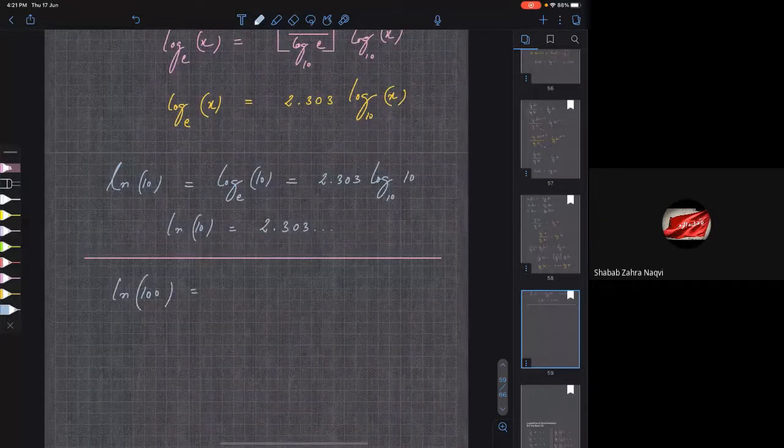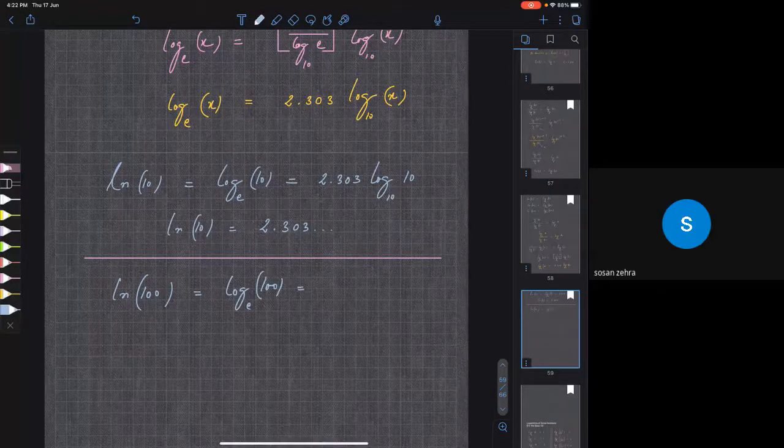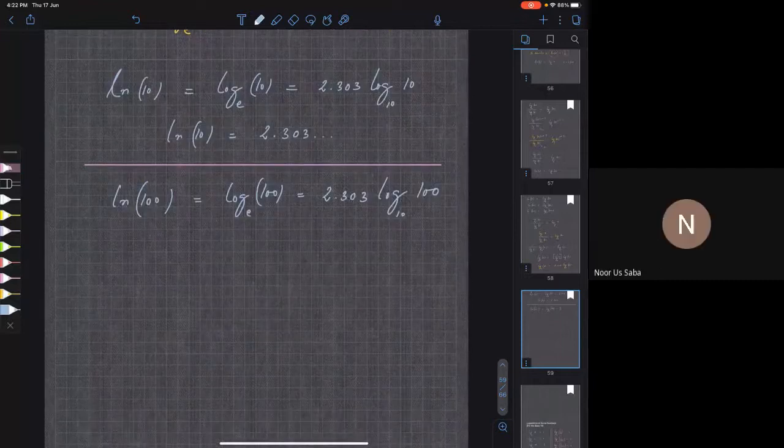What will you write? You write it as log 10 to the power 2, that is 2 log 10, into 2.303. Clear?